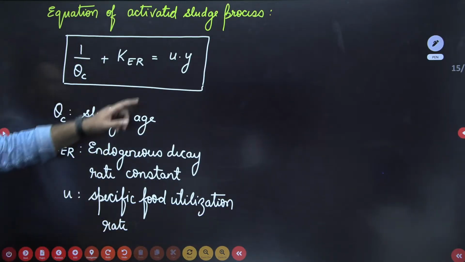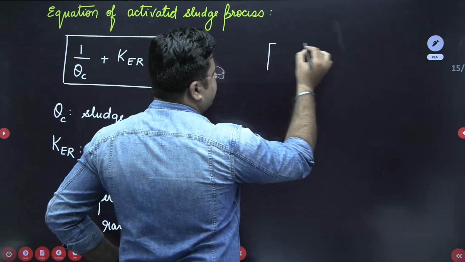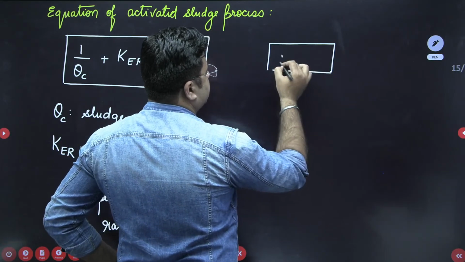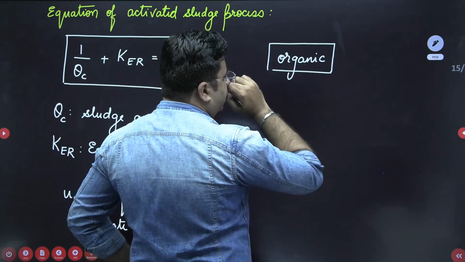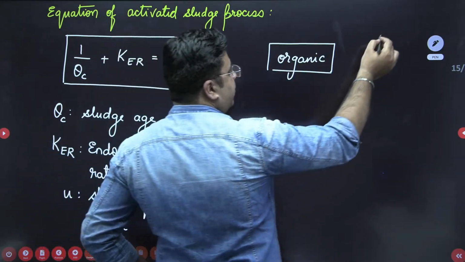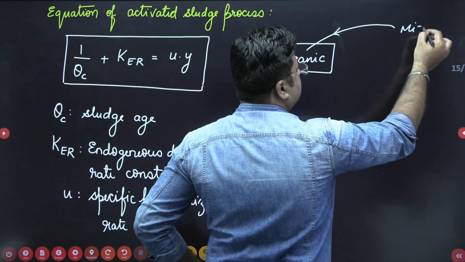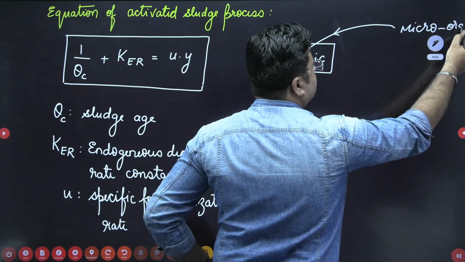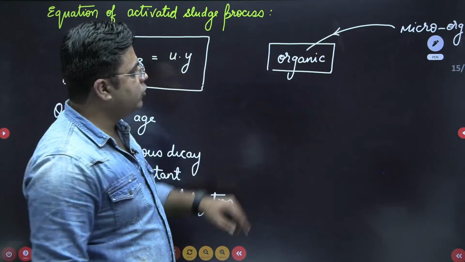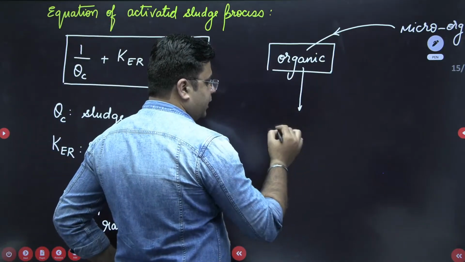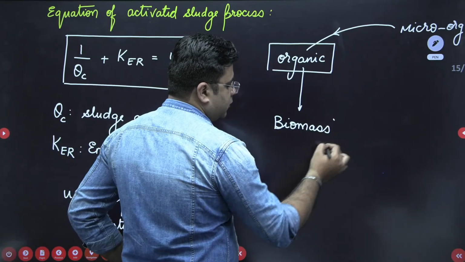And now talking about Y. Now this Y you need to understand. For example, this is my organic matter. Microorganisms will attack this organic matter and this organic matter will convert into biomass. Okay.